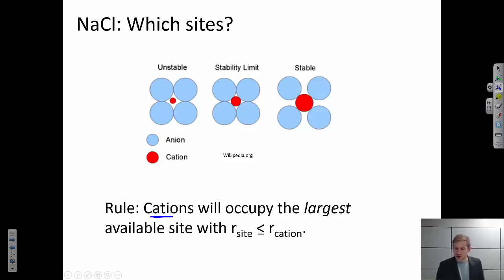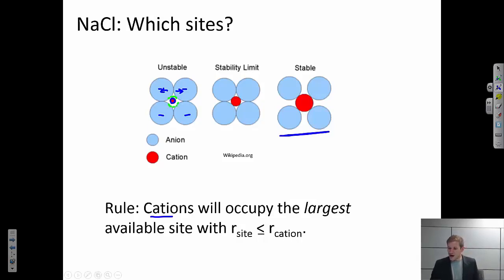So if I picture 4 anions here, so these are negatively charged, if the cation is smaller than the available site, so the site is out here, the cation is smaller than that, that's an unstable configuration. It's unstable because we have this repulsive force, right? Those anions want to spread away from each other. They're being repelled from each other. So if we have a very small cation, this is an unstable configuration.